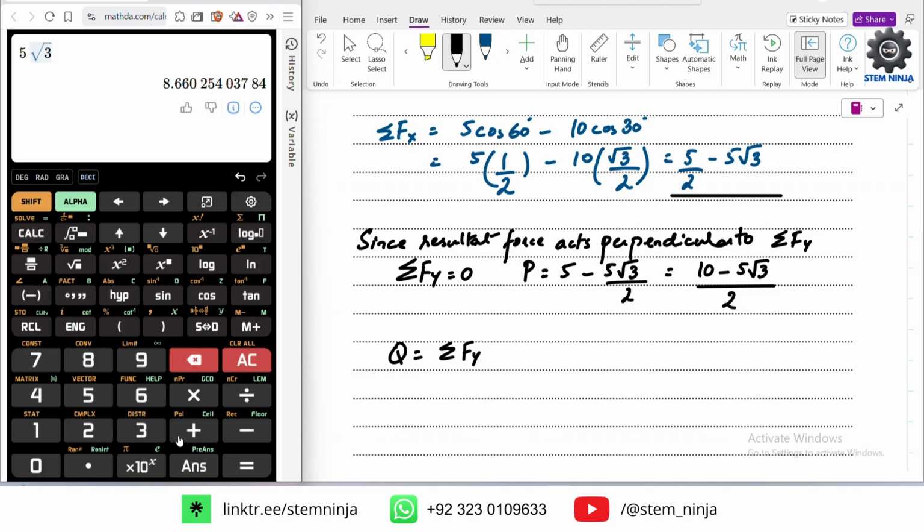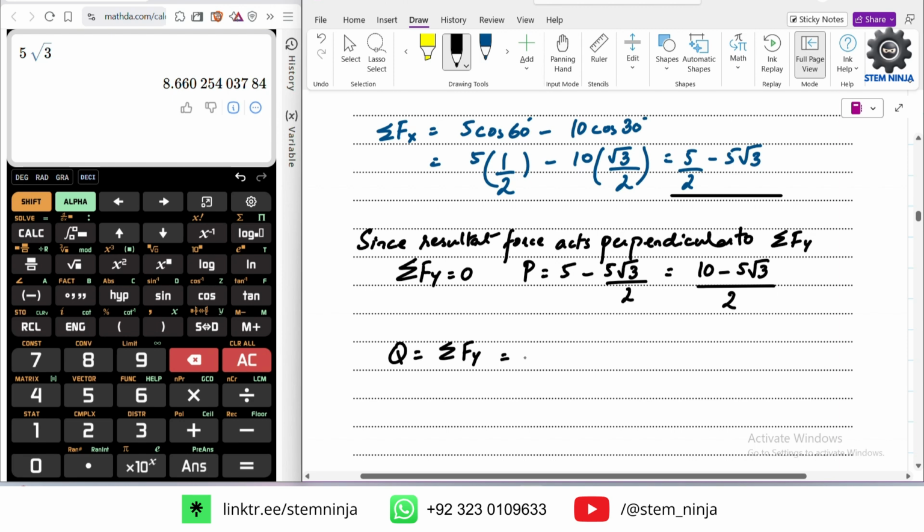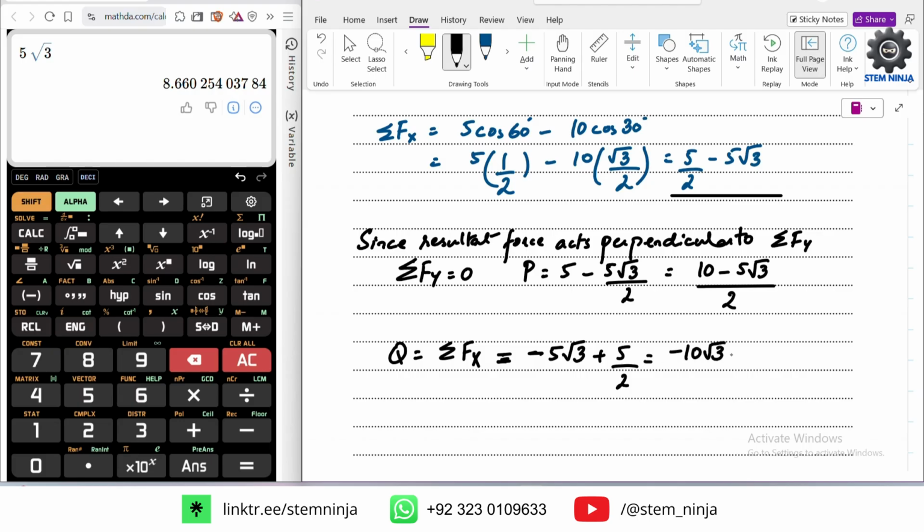5 root 3 would be greater, right? So this would be x minus 5 root 3 plus 5 over 2, which can be written as (minus 10 root 3 plus 5) over 2.